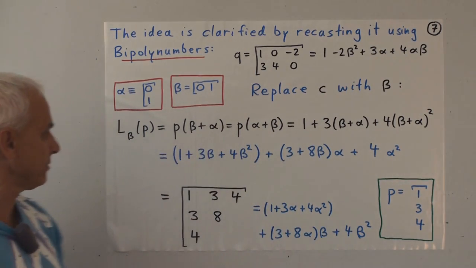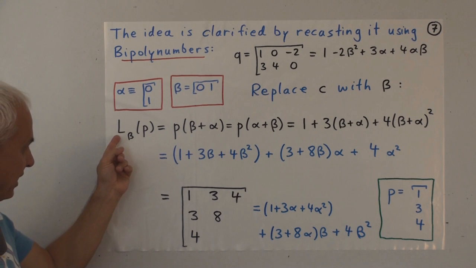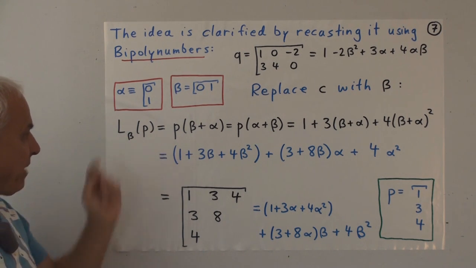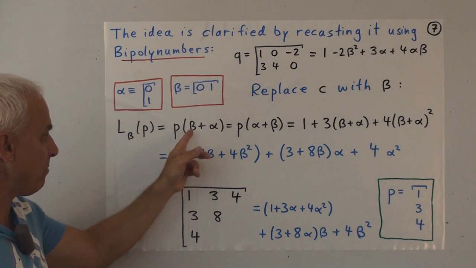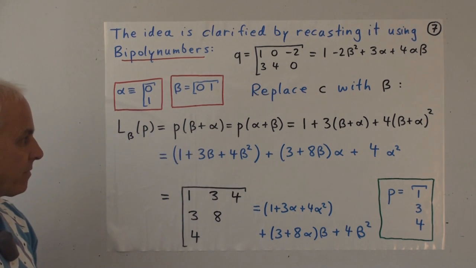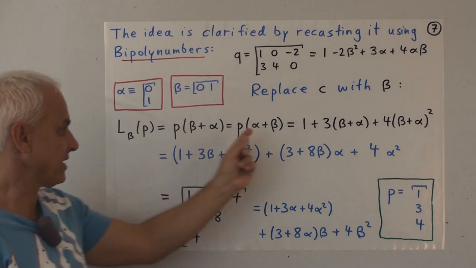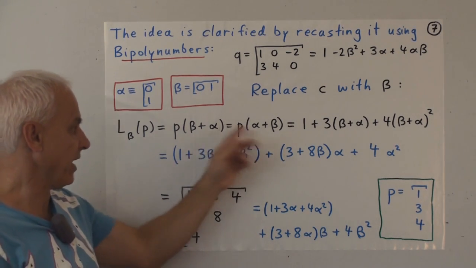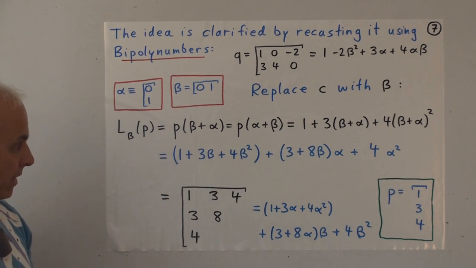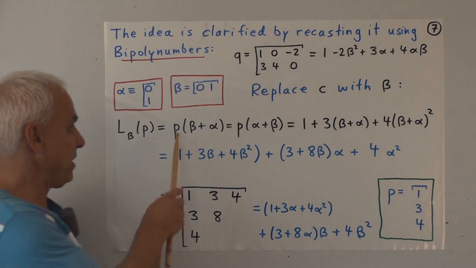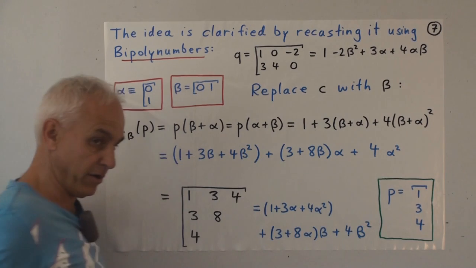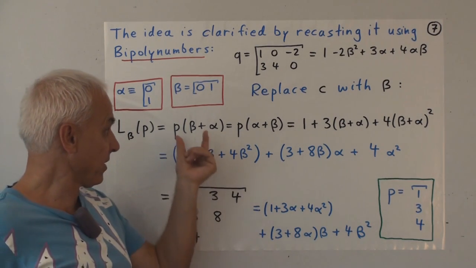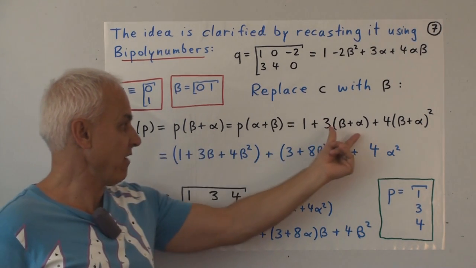This guy right here. So we're going to consider the left translate of p by beta. By definition, that is p of beta plus alpha. Well, beta plus alpha is the same as alpha plus beta, so we could also write it like this if we wanted to. And that's what we get when we take p, which I remind you was 1 plus 3 alpha plus 4 alpha squared, and we replace the alpha with beta plus alpha.